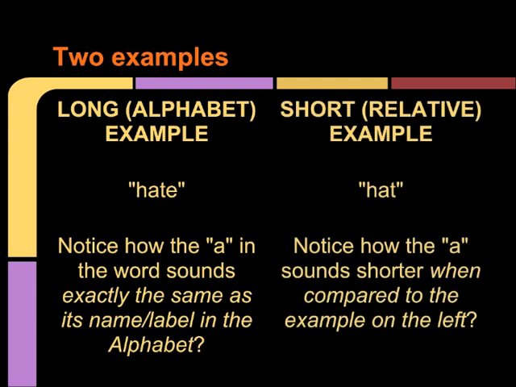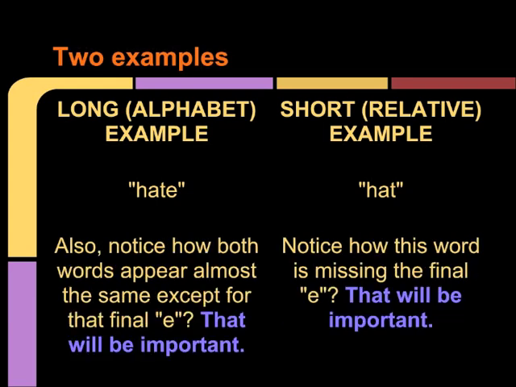Notice how the A sounds shorter when compared to the example on the left. Also, notice how both words appear almost the same, except for that final E. That will be important. Notice how this word is missing the final E. That will be important.